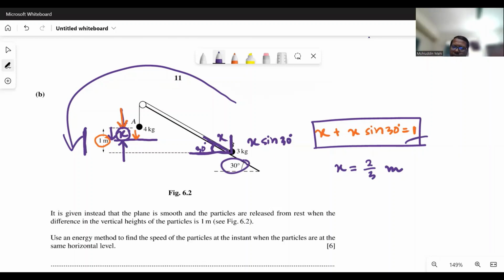So A will have some kinetic energy and B will also have some kinetic energy when they're at the same level. And gravitational potential energy of A is going to decrease because A is descending down. And gravitational potential energy of B will increase because B is moving in upward direction.